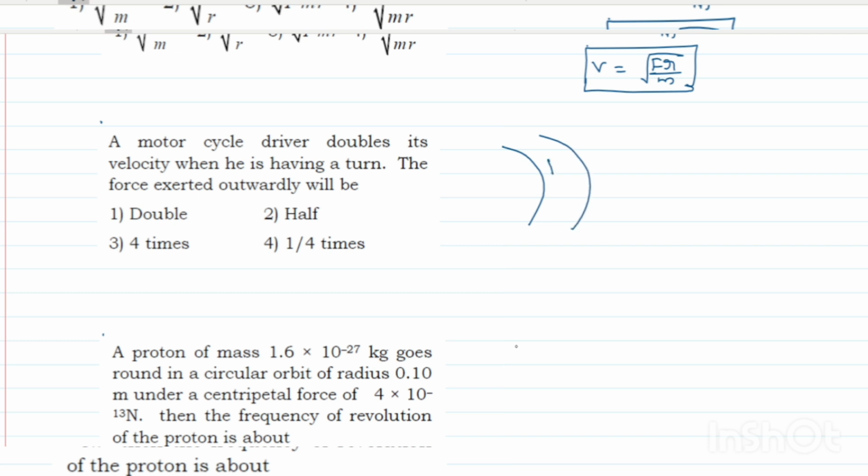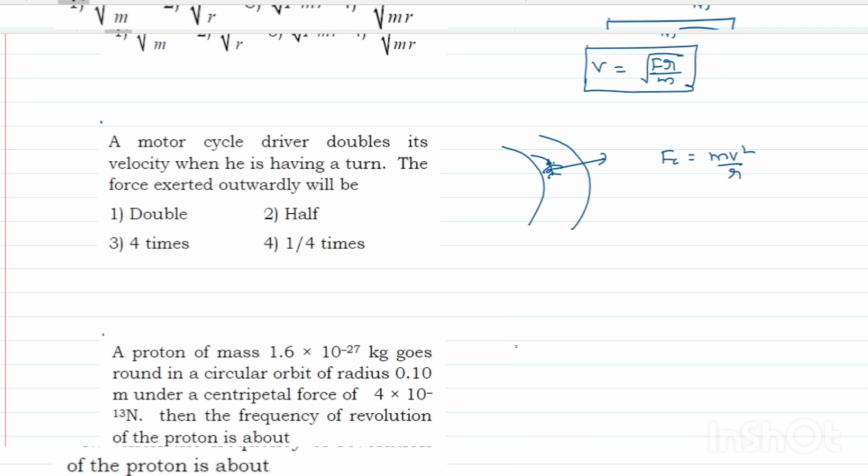What will the force exerted outwards be? An outward force is a centrifugal force. The formula for the force exerted outward is Fc equals m v square by r.